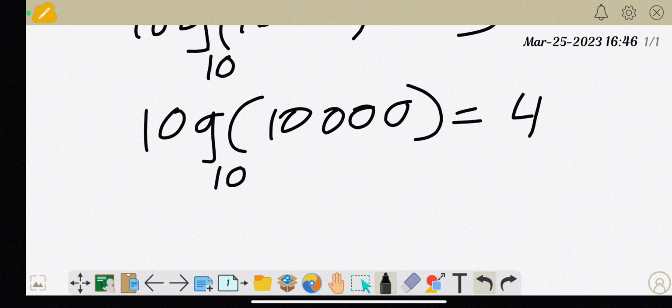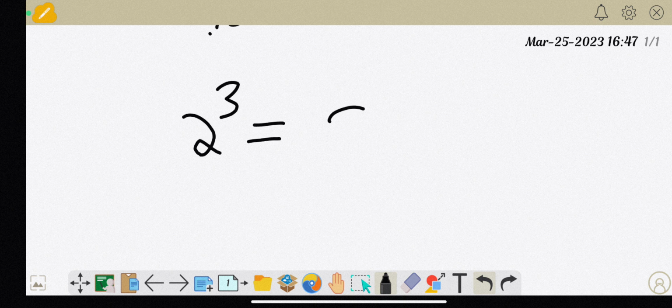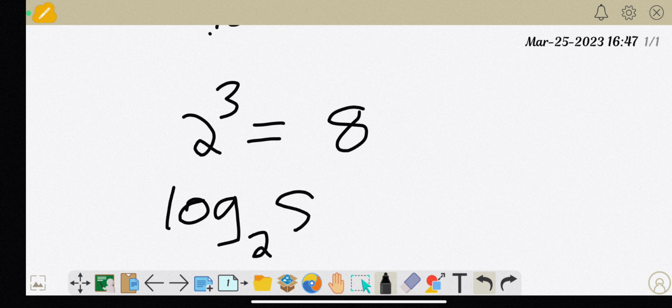If it is log base 10 of this number, then this is correct. Similarly, take this example: 2 to the power 3, what is the answer? It is equal to 8. So log base 2 of 8, if I find it, my answer will be 3.